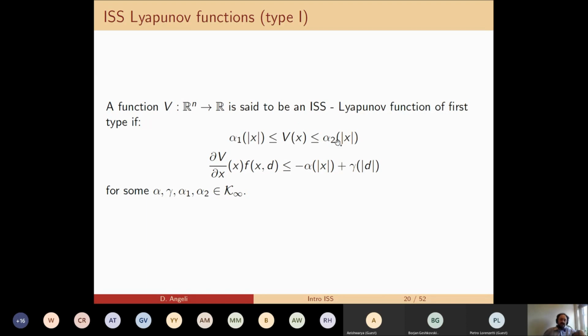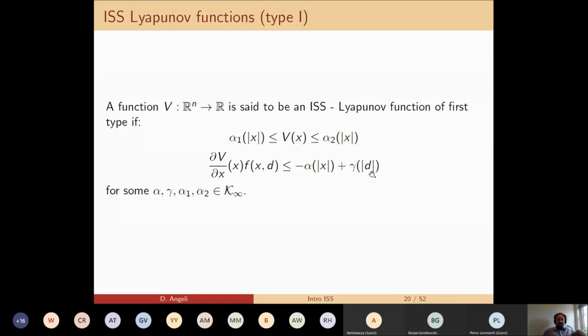So it is positive definite and radially unbounded, and the corresponding rate of variation along solutions of the system, which is a function of x but also of the input disturbance being applied, should be upper bounded by two class K infinity functions of x and d, with a minus and plus sign in front of them. So essentially there is a negative contribution due to states and a positive contribution due to input disturbances.